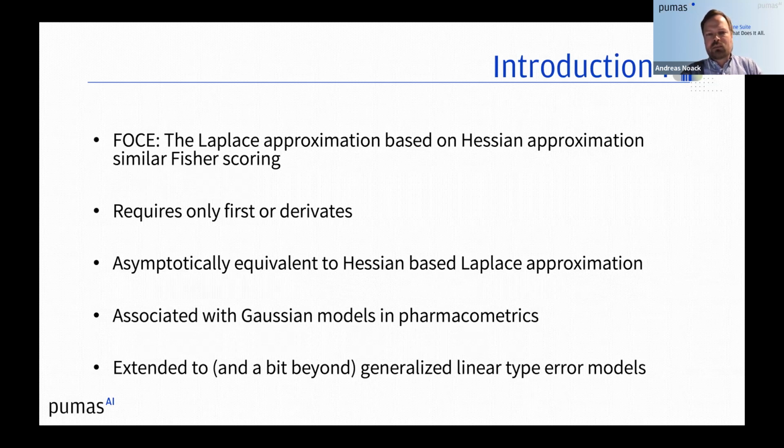That is much cheaper to compute in terms of floating point operations on your computer, and it's also cheaper in terms of compilation. So in both senses, you will experience a faster evaluation of your code if you use the FOC approximations over the Laplace I approximation.